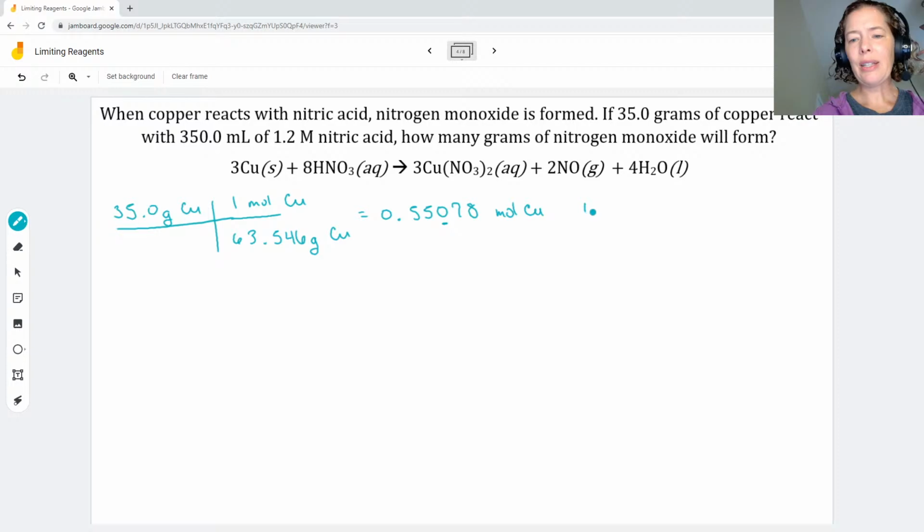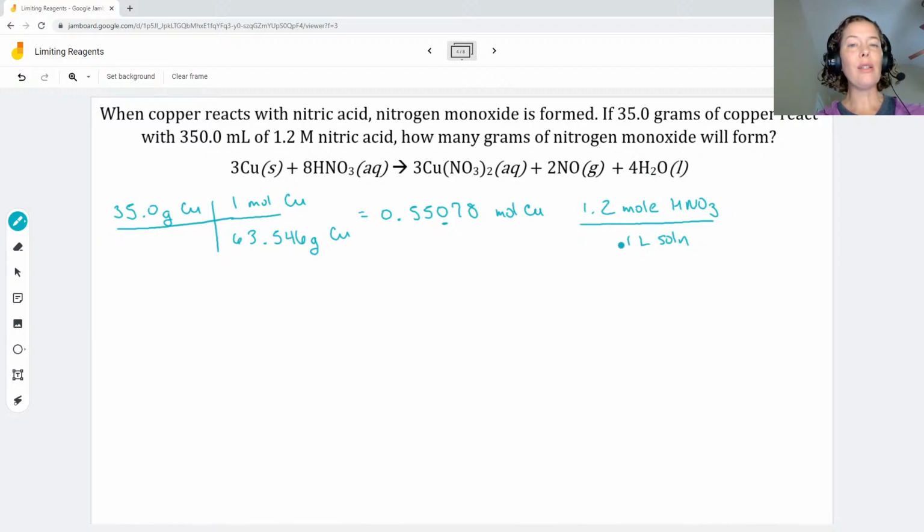But one thing that I like to do is, because molarity, again, is moles per liter, this is the same thing as 1.2 moles of nitric acid over 1 liter of solution. So this is molarity. It's just written with its 2 units specified instead of just its 1 concentration unit. And now it's easy to see I can get my liters of solution to cancel. I just got to convert my 350 milliliters into liters.